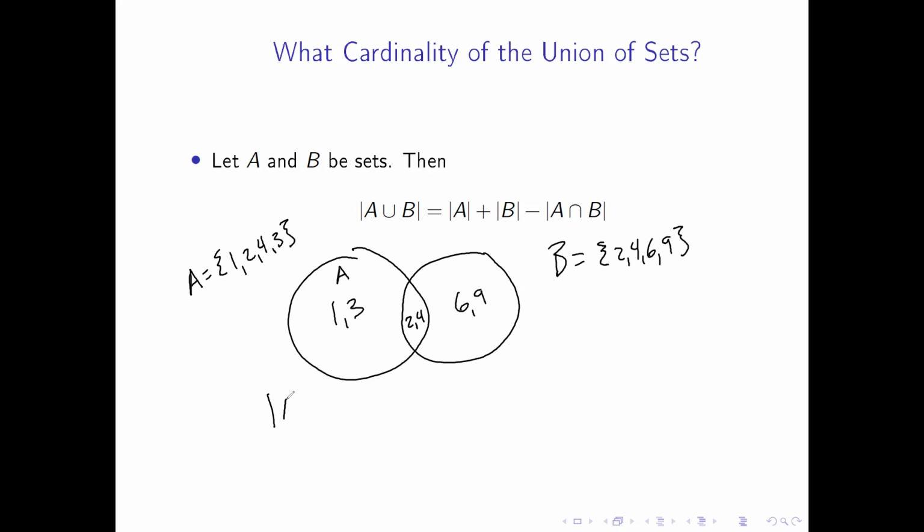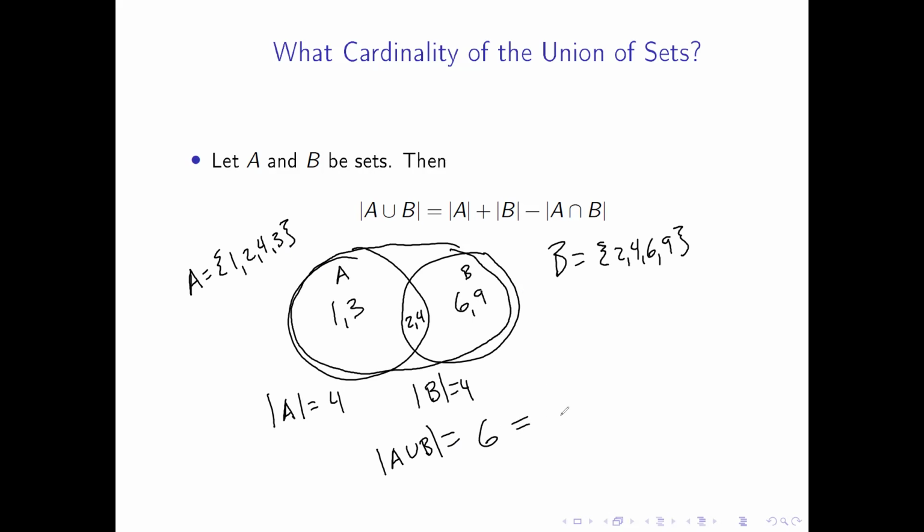Well, notice the cardinality of A is 4. The cardinality of B is 4. However, the cardinality of A union B is how many things in this total space? Well, it's only 6 of them, but that is not equal to 4 plus 4, which would be 8.